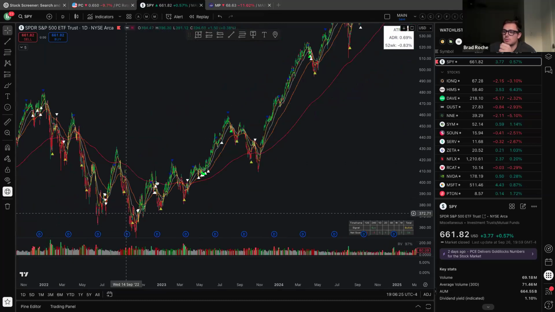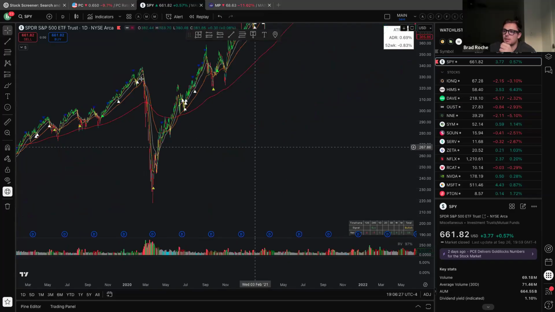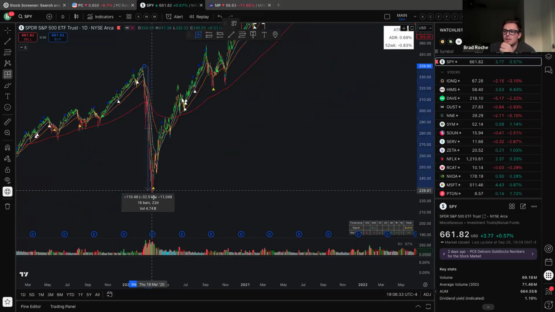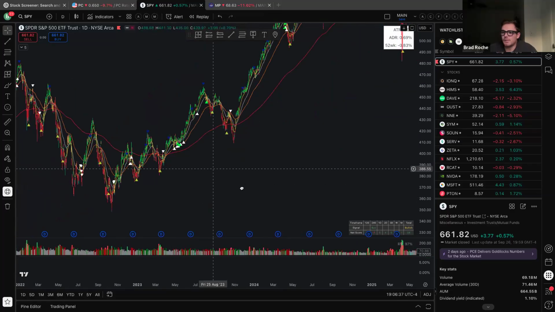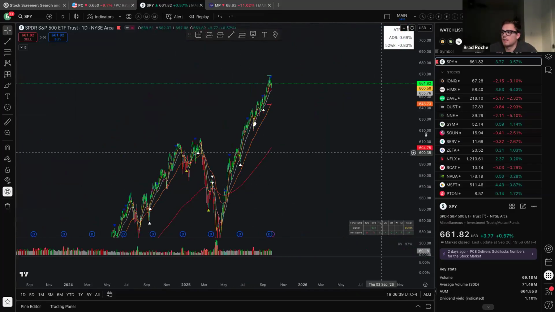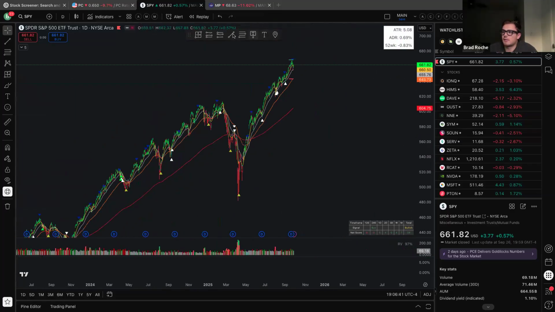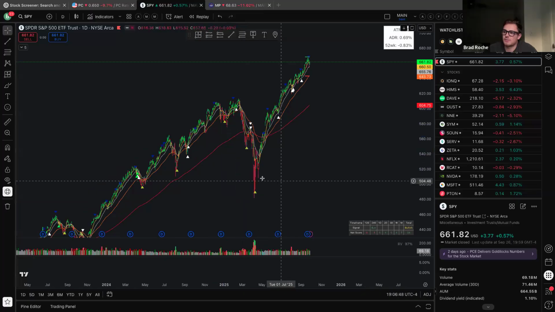Obviously, nothing of what we just went through was that crazy, but this is more along the lines. This was a much bigger decline. So 35%, 36%. If we look at the decline we had here, this was 22%, so about two-thirds of what it was.